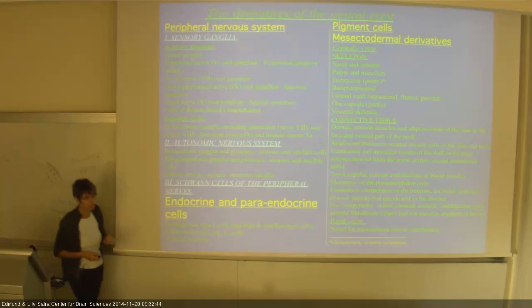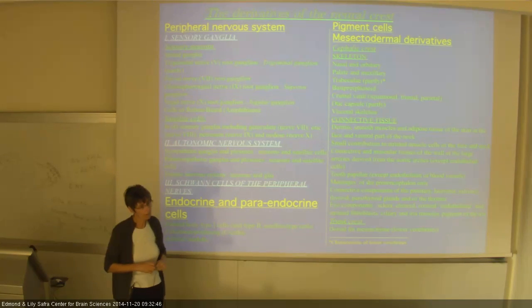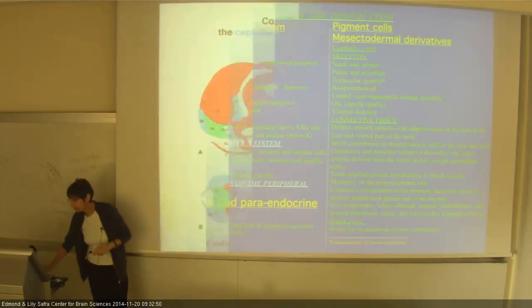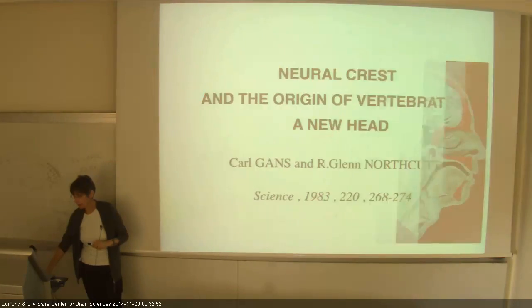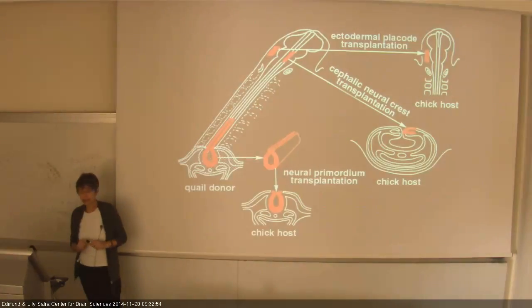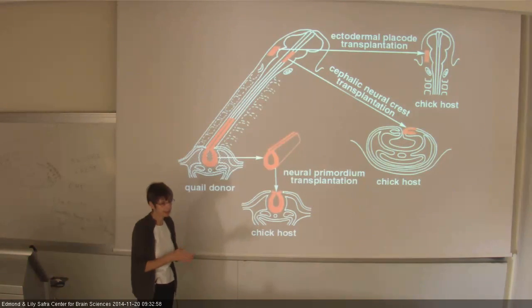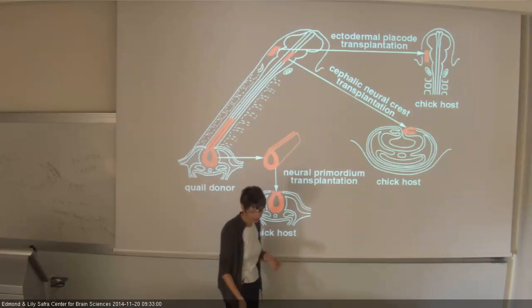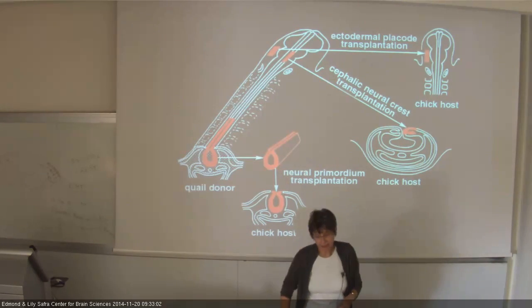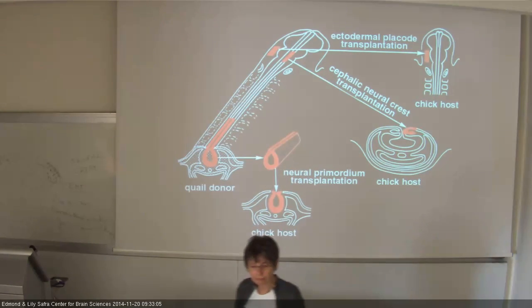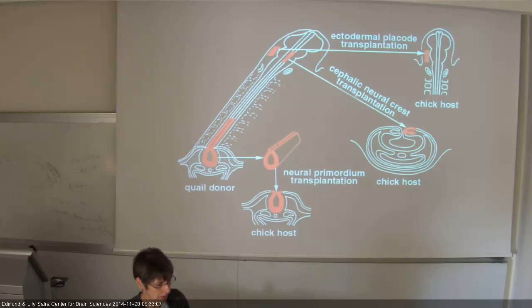How exactly can we trace back the origin of all these cells? This way. Now, there is a French scientist that I had the honor to be a postdoc in her lab, and what she found is the following.